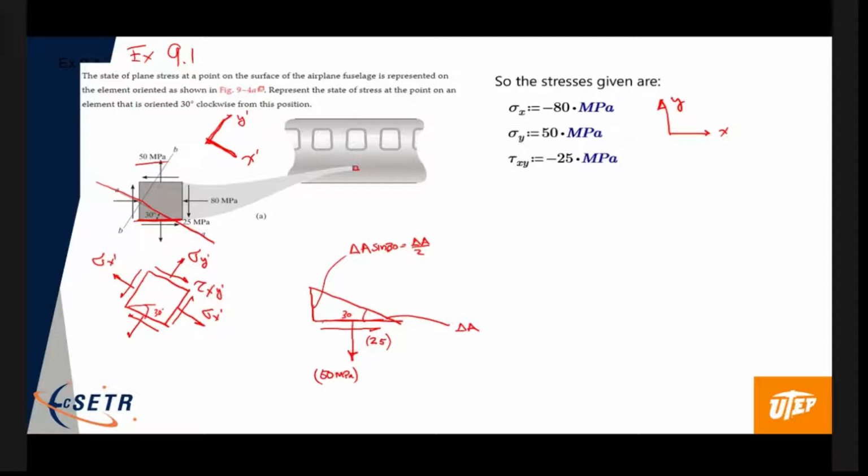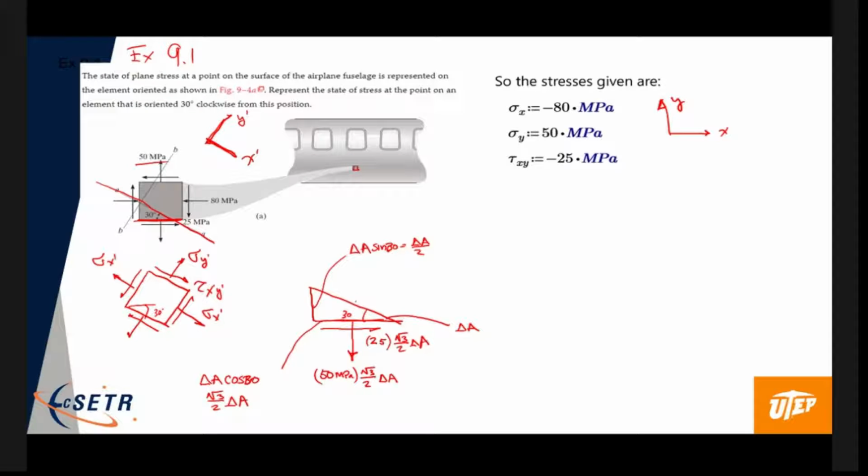And this face here is going to have an area of delta A cosine 30, right? Which is rad 3 on 2 times delta A. So this, to become a force, is going to get multiplied by rad 3 on 2 delta A. And this one is going to be rad 3 on 2 delta A.